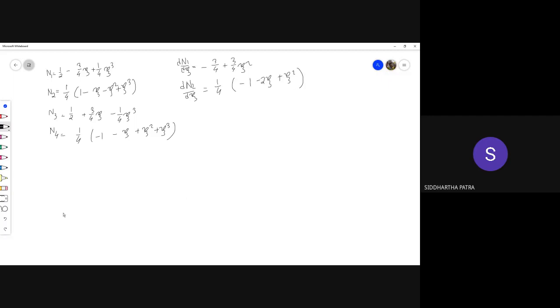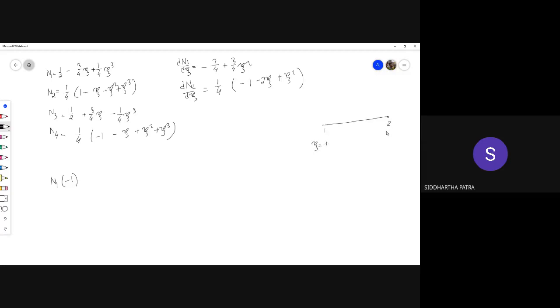Okay. Acha. Now evaluate N1 at the two ends. So at the two nodes, there is node number 1 and node number 2.